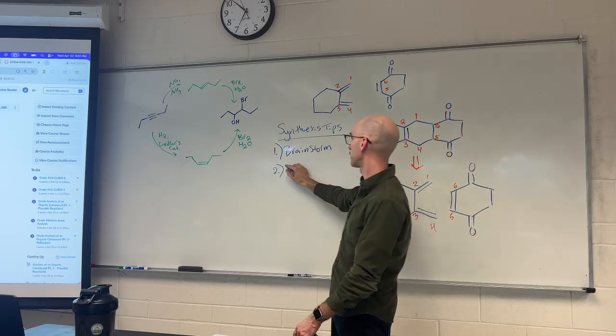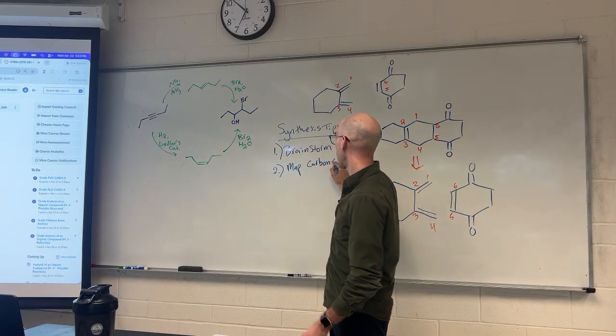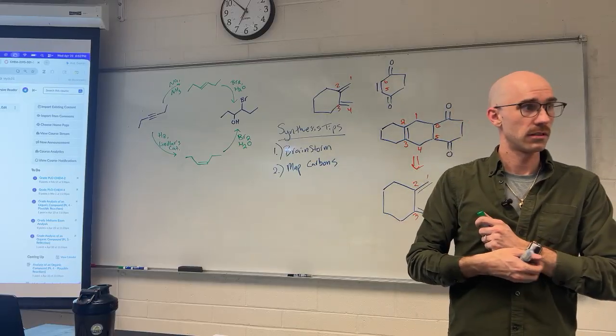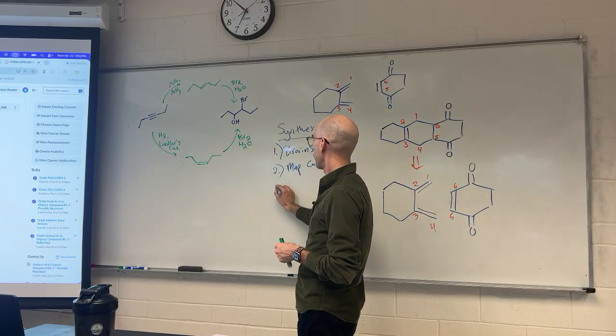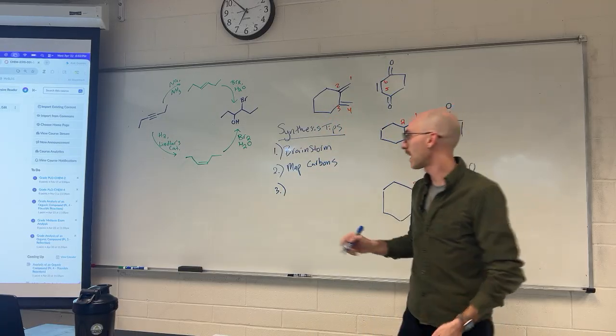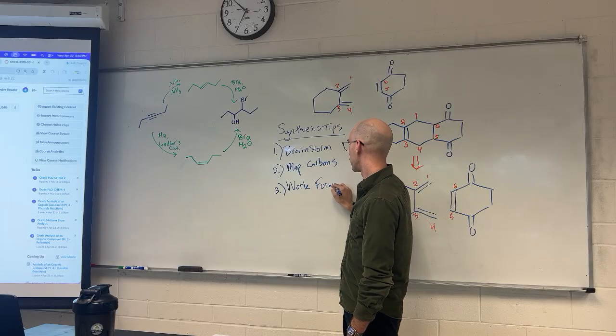Map your carbons. Figure out which carbons are changing, which carbons are being added, which carbons are being cleaved. Regiochemistry with map your carbons. And then lastly, work forward and backwards.